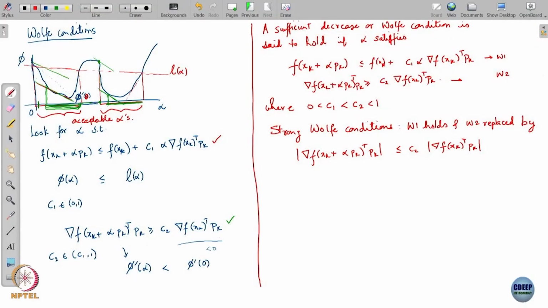A practical line search type algorithm tends to work like this. Let me write this out. You start usually with, say, an alpha bar greater than 0. You choose a rho between 0 and 1, and I will tell you why this rho is needed.